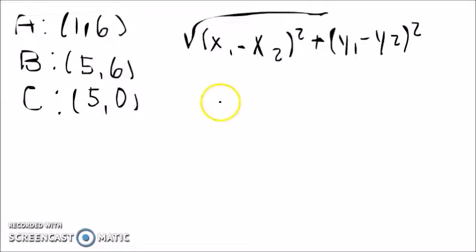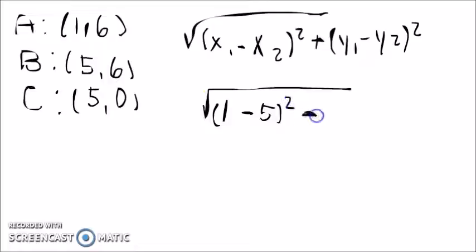Okay, so let's write it down. So x1 is 1, minus 5, squared, plus y1 is 6 minus 6, squared.